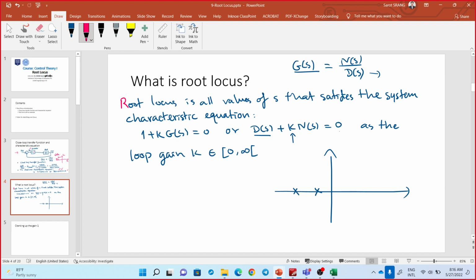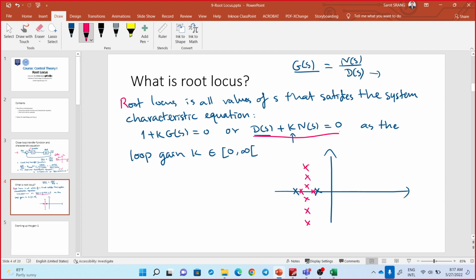which is not 0, then you have this equation and you find the new set of s. So you may get yet another set of poles, probably here or here. And you increase k more and more, and then you may get another pole here, here, here, like this.